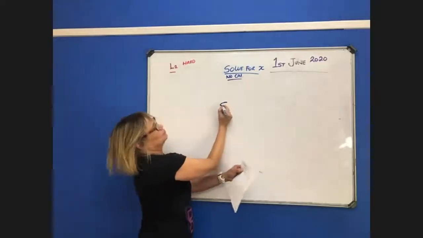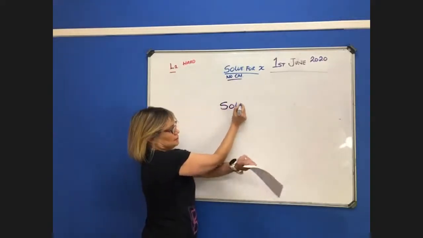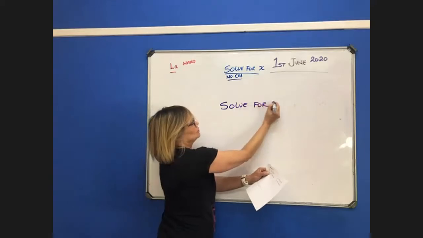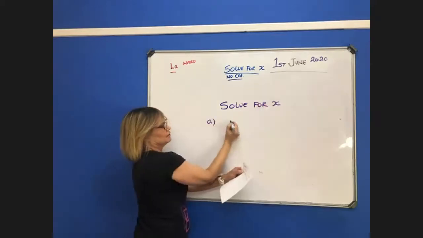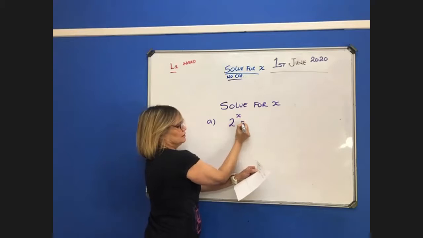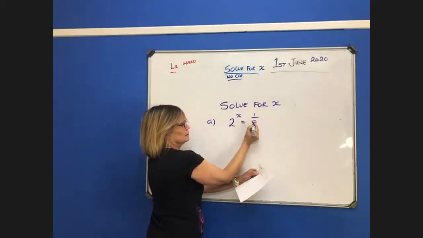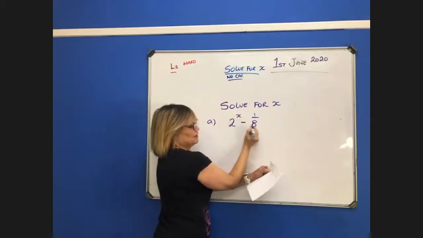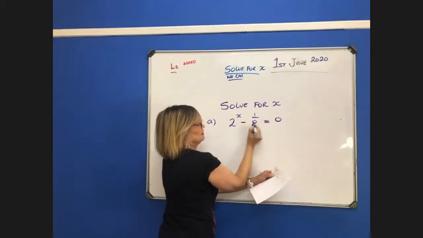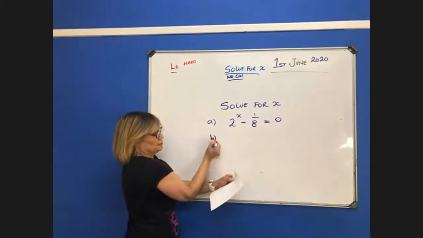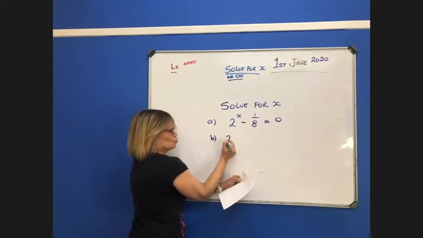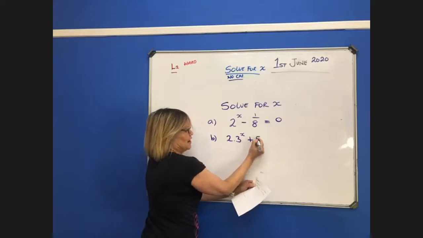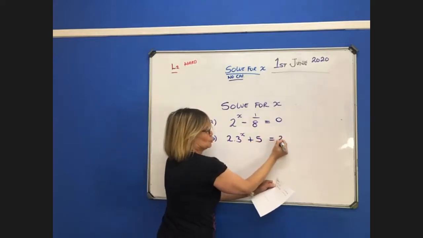Write these down. Solve for x. Have I got 1 minute or 2? Can someone tell me? You've got almost 2 minutes, 1.5 minutes. Okay. The first one is very easy. That's A. B, 2.3 to the x plus 5 equals 23.